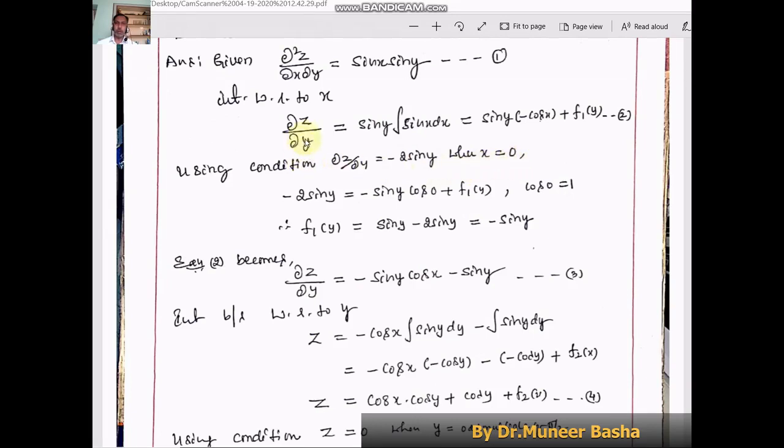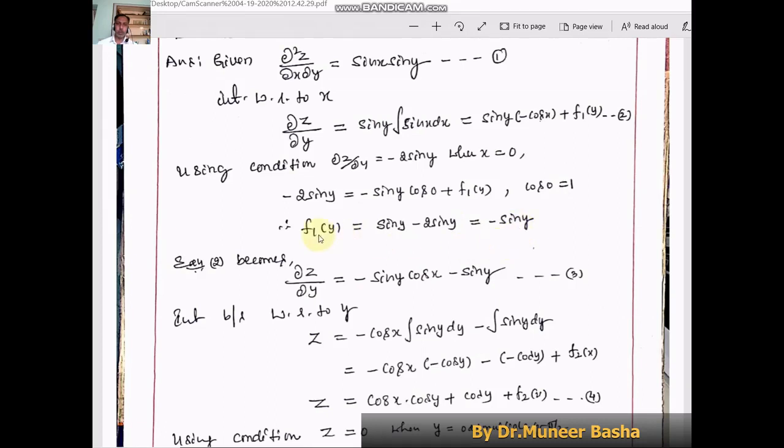So put here, left hand side is minus 2 sin y, and x is equal to 0, cos 0 becomes 1, and f1(y) as it is. Then f1(y) becomes sin y minus 2 sin y, that is equal to minus sin y.